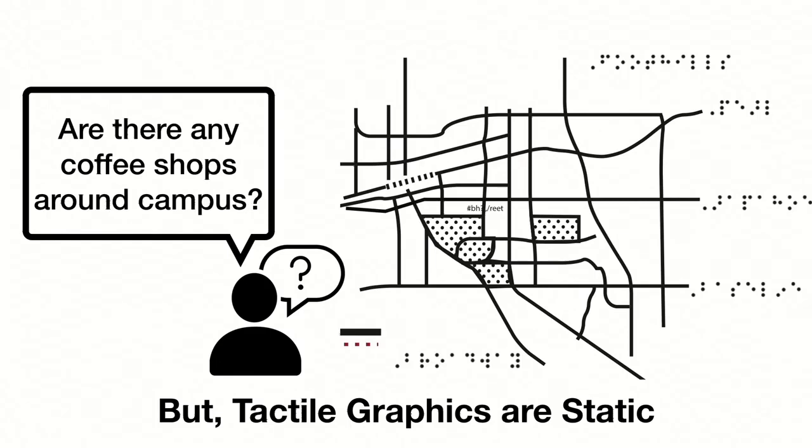For example, if we are interacting with a tactile map and want to ask a question like, where is the nearest coffee shop around here? With a graphical user interface, it's so easy to program dynamic content. But static physical graphics don't have any capability to dynamically change the content.